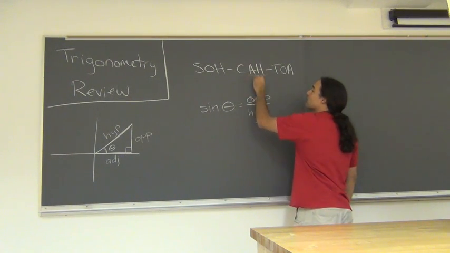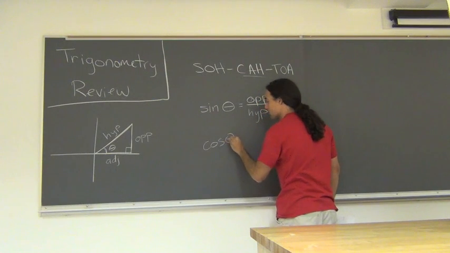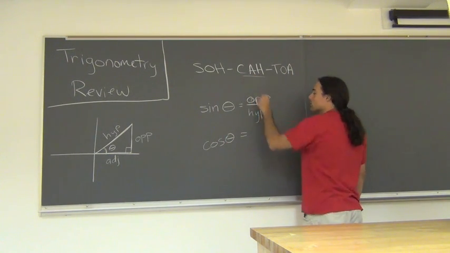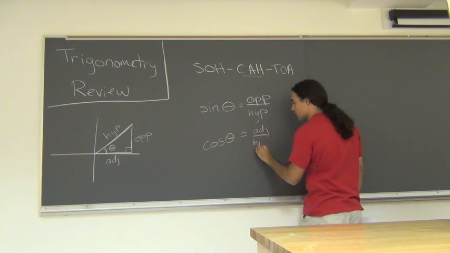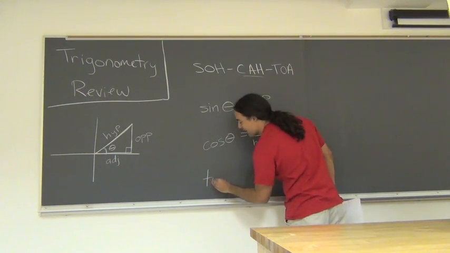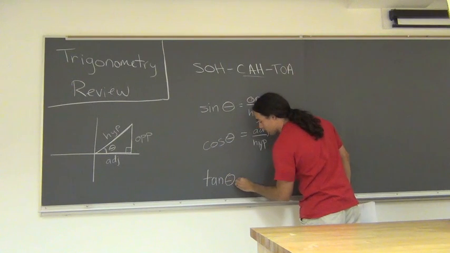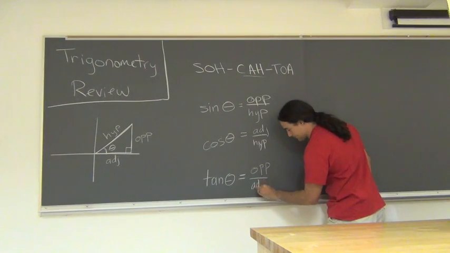We can say from the CAH that the cosine is equal to the adjacent over the hypotenuse. And from the tangent, the TOA, we get the tangent of the angle is equal to the opposite over the adjacent side.